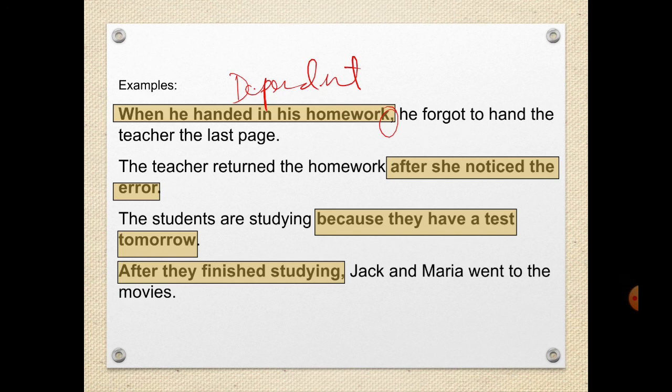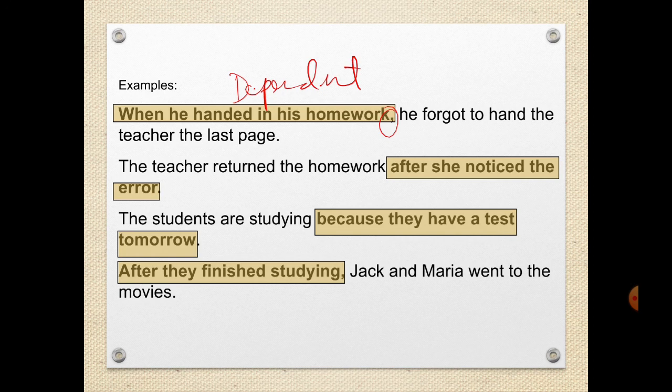The second example is: the teacher returned the homework after she noticed the error. This sentence starts with an independent clause, the teacher returned the homework.